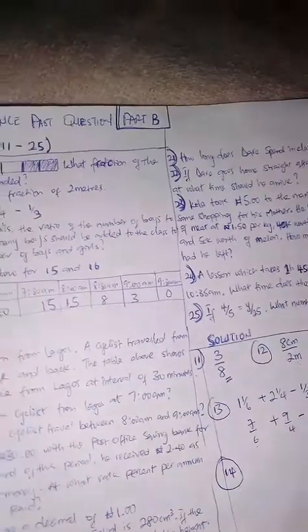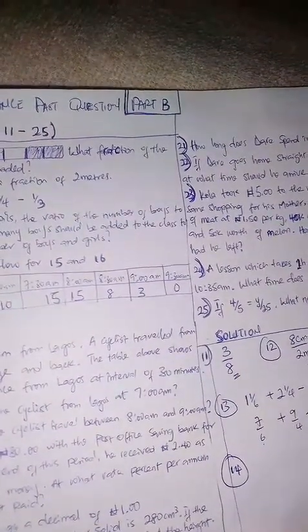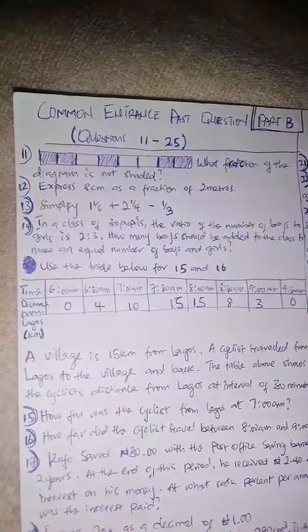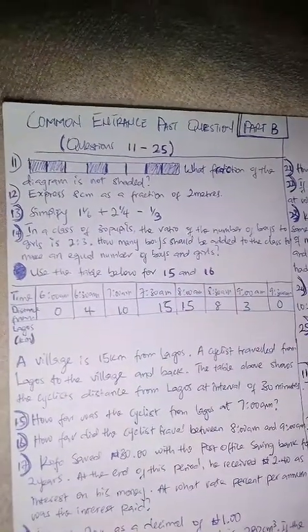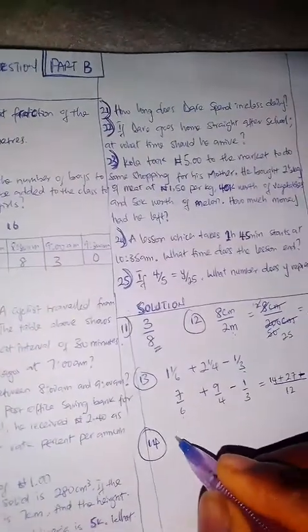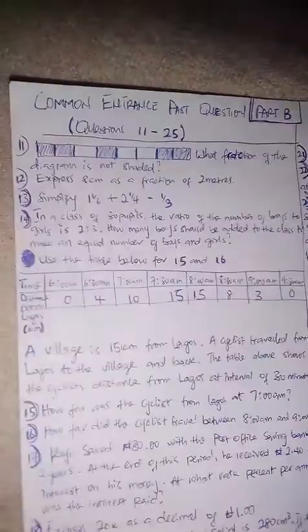Number 14. In a class of 30 pupils, the ratio of the number of boys to girls is 2:3. Boys to girls, let's write that expression down. Boys ratio girls equals 2:3.